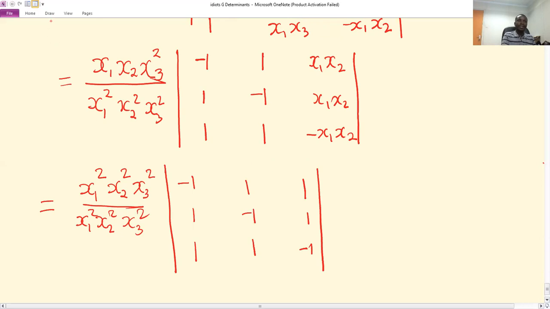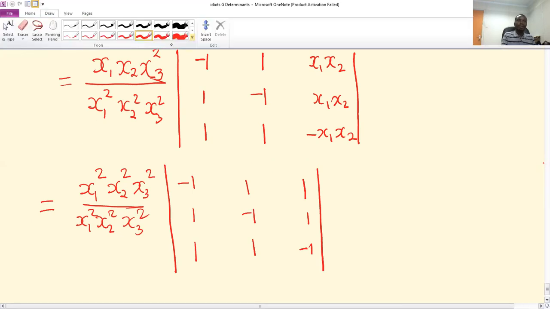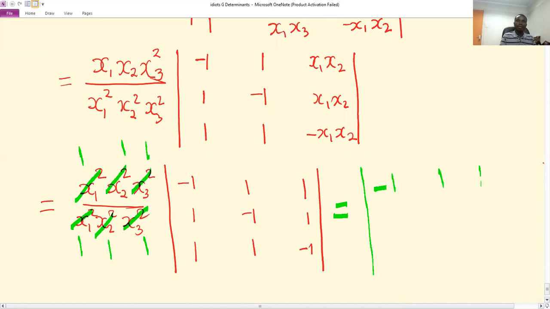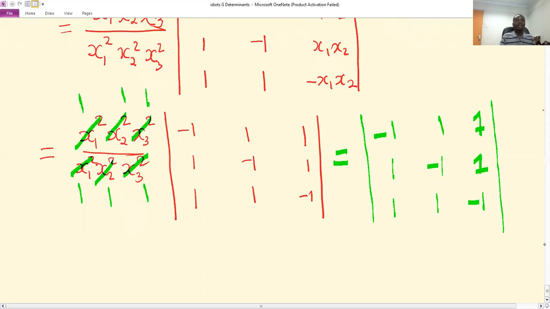And now at this point, you see, we are at liberty to cancel x1 squared, x1 squared, x2 squared, x2 squared, x3 squared, x3 squared. So this is just the determinant of negative 1, 1, 1, 1, minus 1, 1, 1, 1, minus 1. So you see the properties of determinants have helped us to do away with all the variables x1, x2, x3 that were in the determinant.